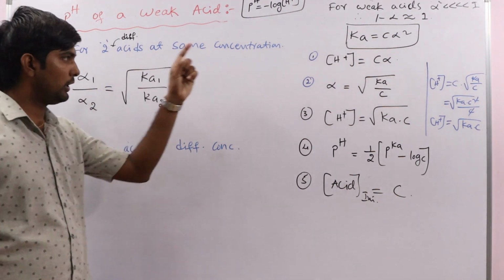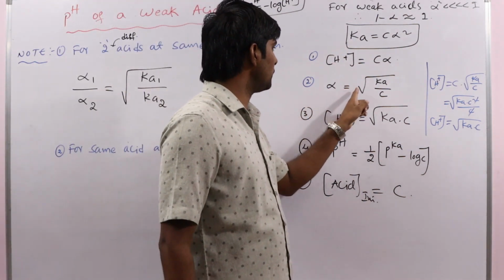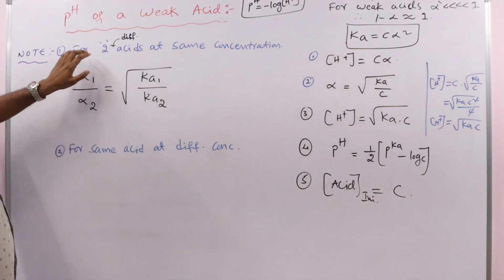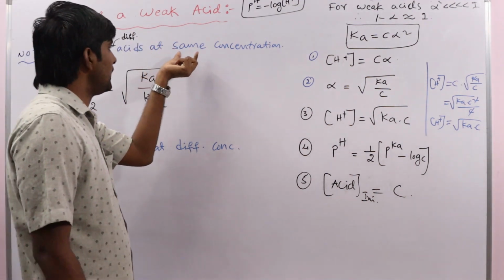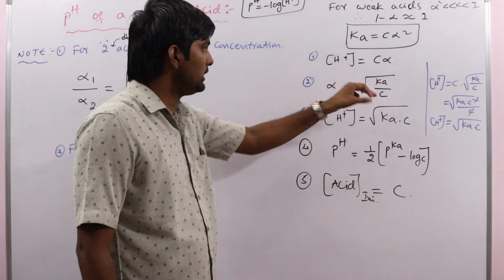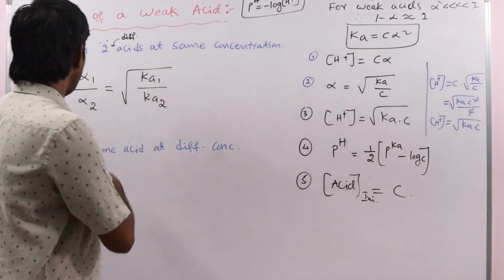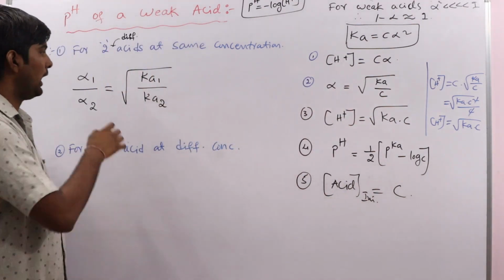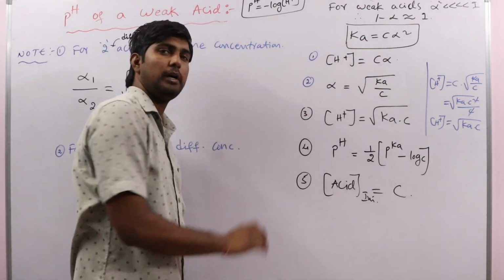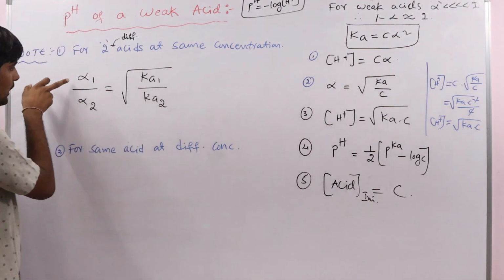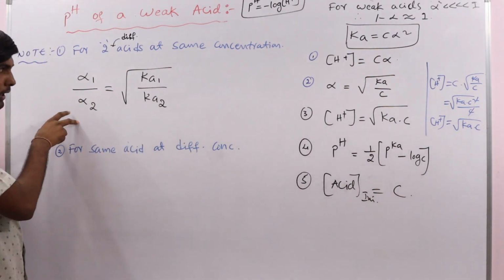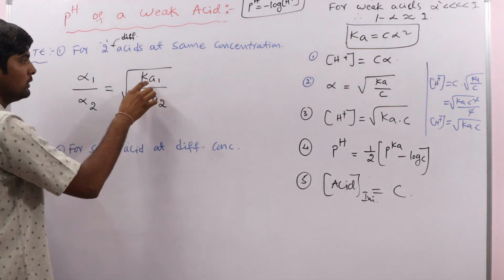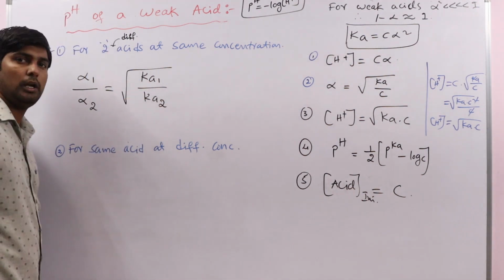See now look at this relation, alpha is equal to square root of Ka by C. So now we are saying that we have two different acids at same concentration. C is same. So when you take alpha 1 equal to square root of Ka1 by C, alpha 2 equal to square root of Ka2 by C, yes or no? If you take alpha 1 by alpha 2, C and C will get cancelled. So finally we have square root of Ka1 by Ka2.